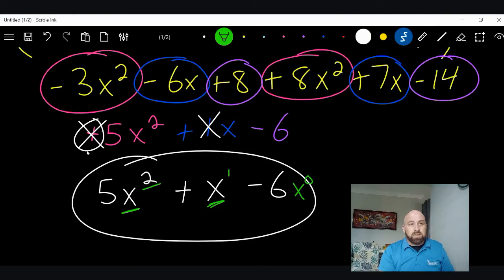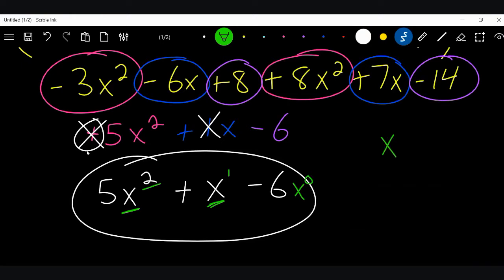Now that's mind blown, I know. But remember, anything to the 0, we learned this with the exponent rule, anything to the 0 equals 1, and then we learned in the identity rule that anything times the identity of 1 is going to equal itself. So 6 times 1 is just going to equal 6. We're back to where we started from.